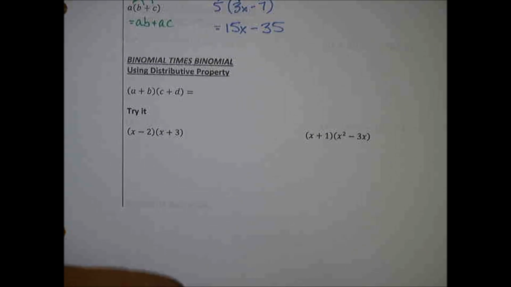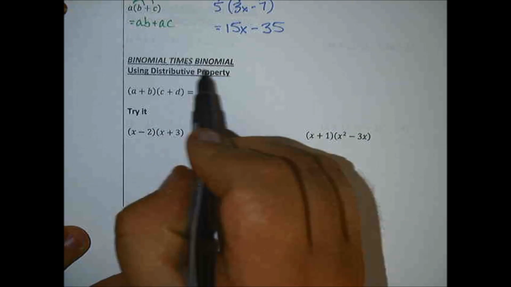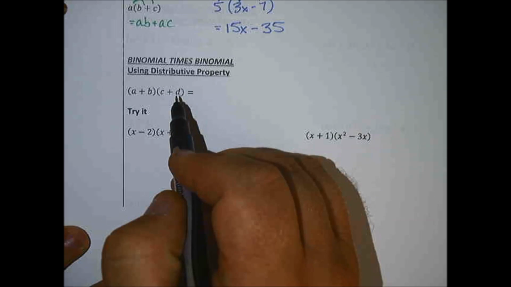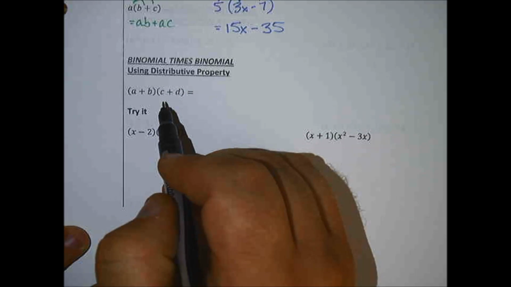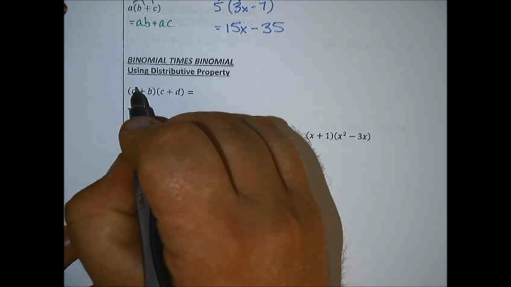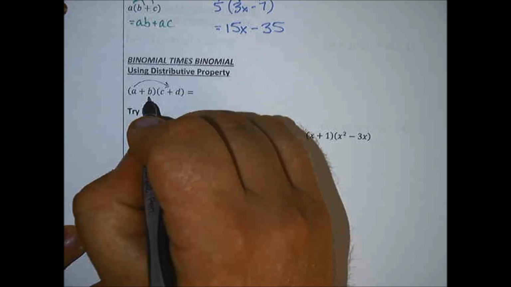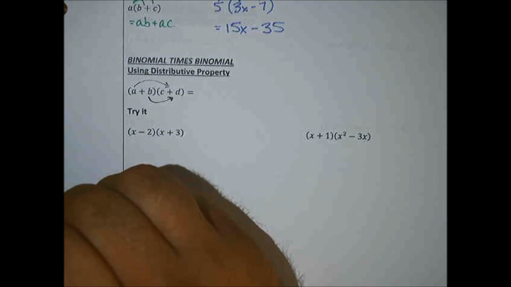Now we're a little bit different. Okay, now it says binomial times binomial, and it says to use distributive property, and that's definitely a good way to do it. What I want to do is I want to multiply a by this whole thing, and then I want to multiply b by this whole thing.